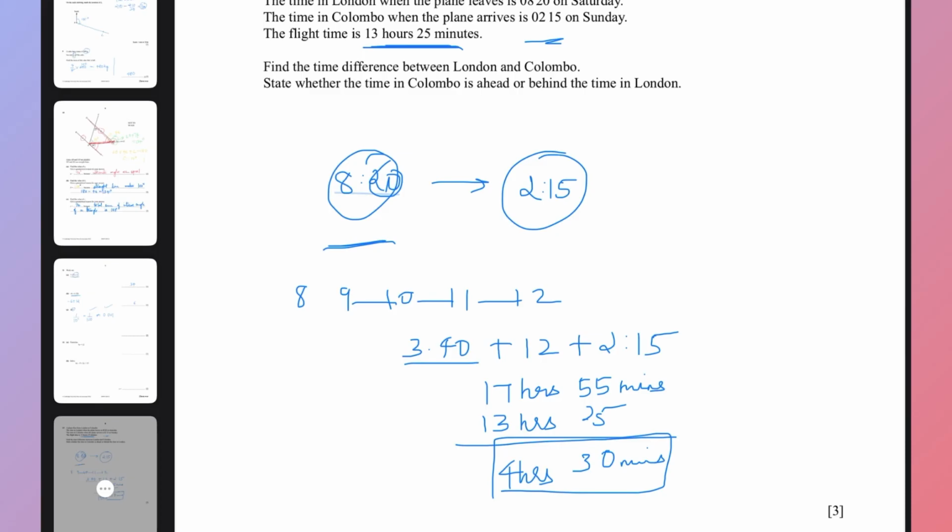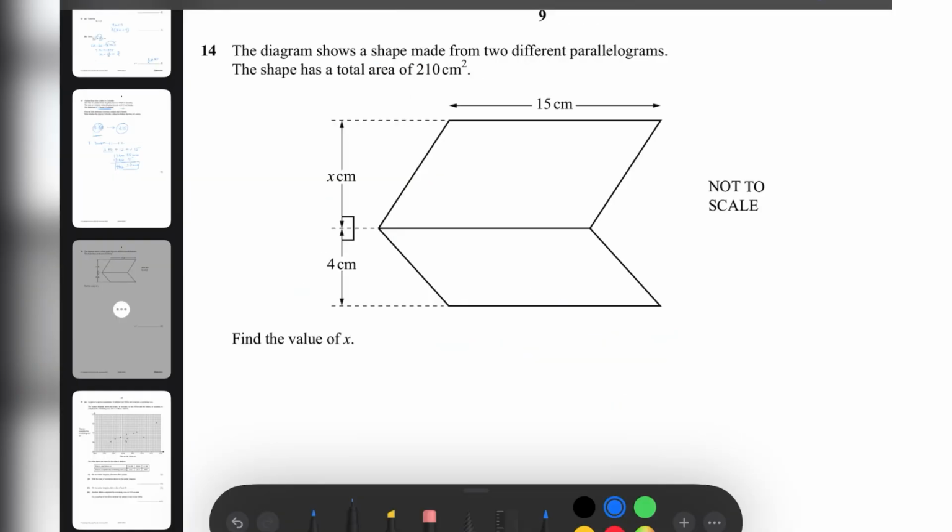So which means that Colombo is ahead of London. That is why we are getting more hours, not less than 13 hours and 25 minutes. So which means 4 hours 30 minutes higher in Colombo than London. Understood, students?